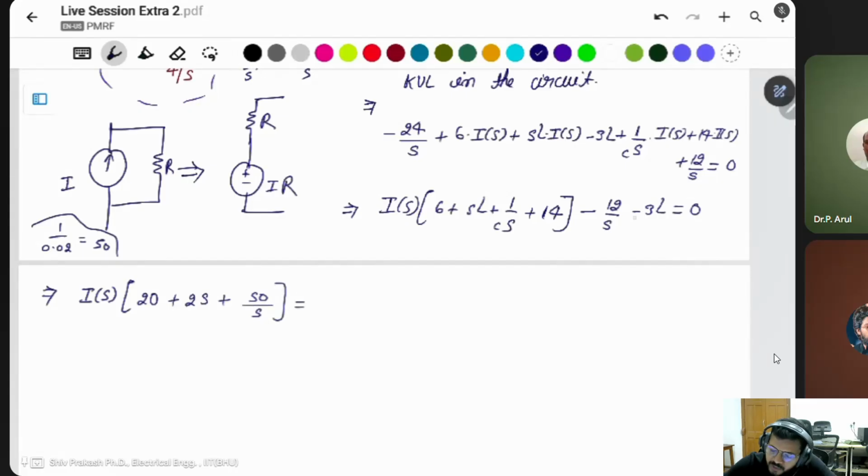Is equal to, this will go to our right hand side, and this will be 12 by S plus 3L, L is 2, this will be 6.